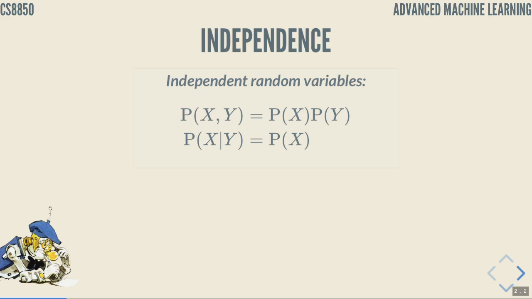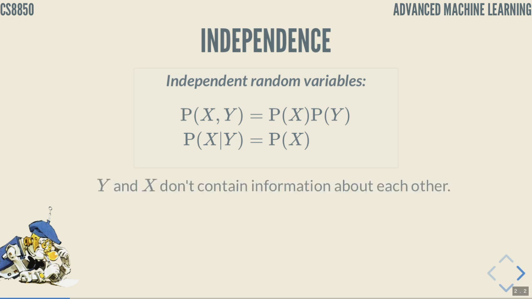An implication of independence, or sort of another definition, is that the conditional distribution of x conditional on y is the same as the marginal distribution of x. So both of those equations on top mean that y and x don't contain information about each other. That's basically all it says.